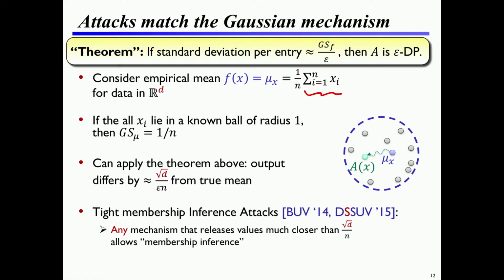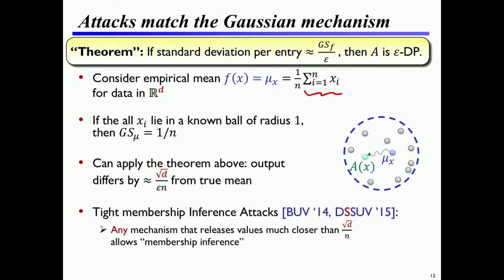And it turns out that this mechanism is exactly matched by the type of membership inference attacks we discussed in the previous section. Even though things are normalized a little differently, because here we're talking about real data points, I scaled things so they compare.